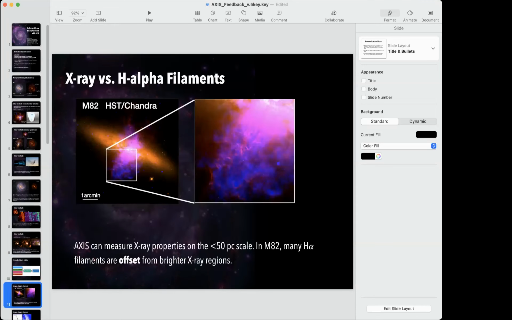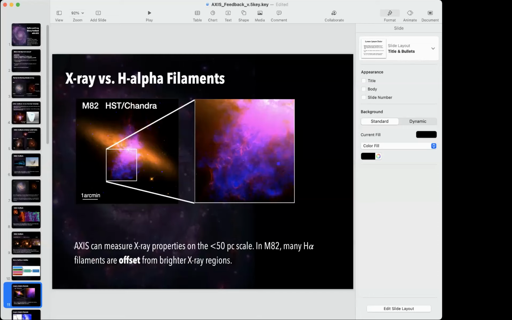So here is the M82 image from HST and Chandra. The H alpha here, on the right, is the zoomed-in image of the central wind region. Red is the H alpha showing many filaments, and blue is the hot gas, a bit offset from the H alpha filaments.